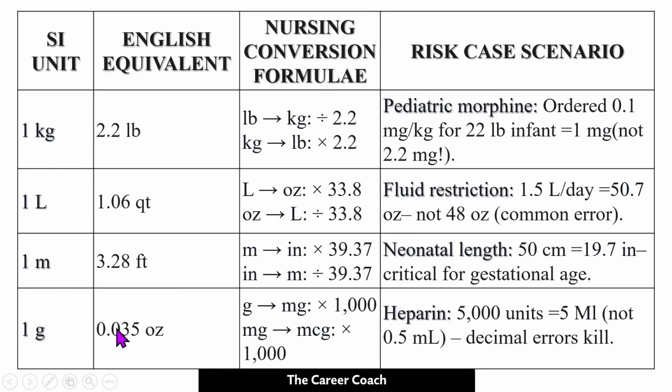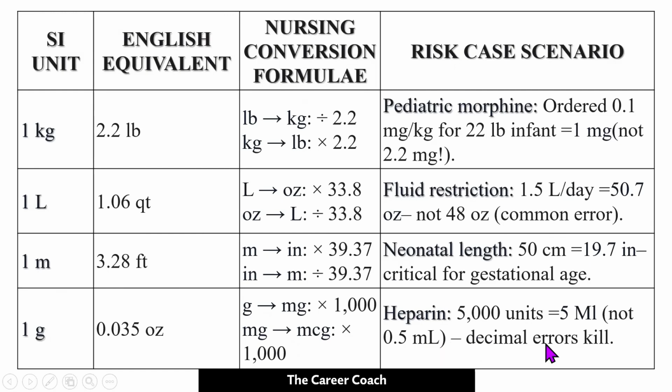1 gram is equal to 0.035 oz. Grams to milligram, you multiply by 1000. Milligrams to microgram, you multiply by 1000. Risk case scenario. Heparin 5000 units is equal to 5 ml, not 0.5 ml.